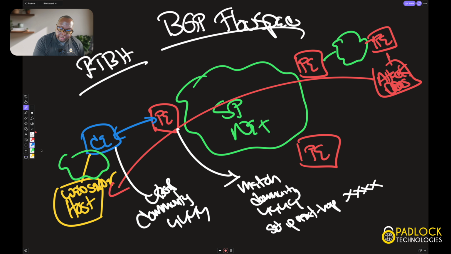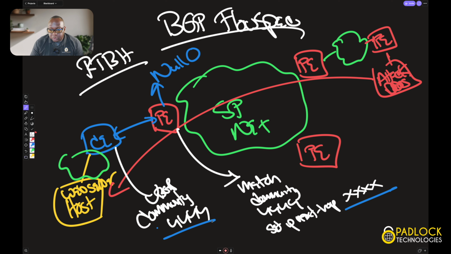Now that address on the PE is going to be a static route that goes to null 0. So now that route is going to say, all right, to get to the web host, go to this next hop. That next hop is actually a null route, and it's going to drop the traffic. Basically, that's the whole point of remote triggered black holing. I'm going to black hole the traffic, and I was remotely triggered by the CE by this community value that I picked up on.